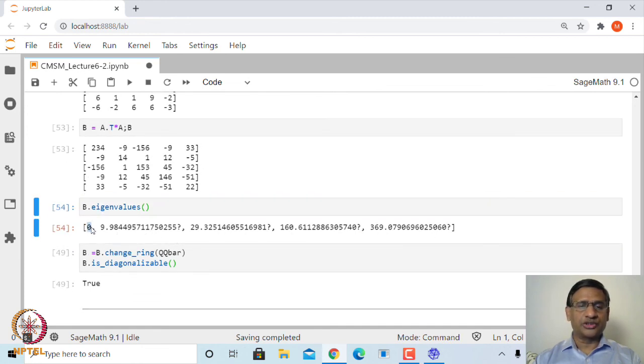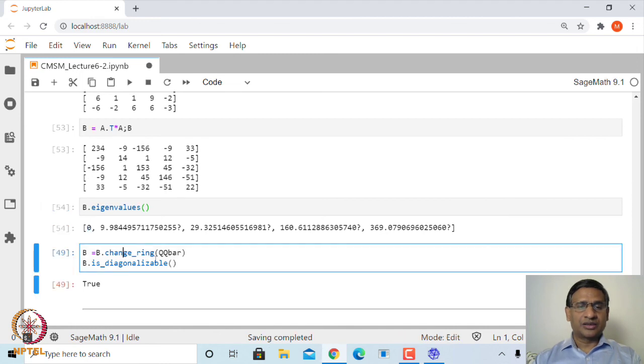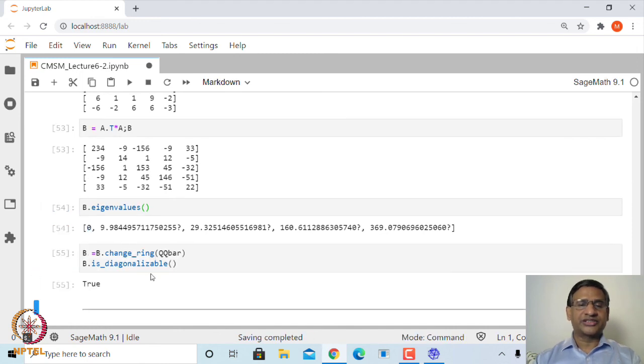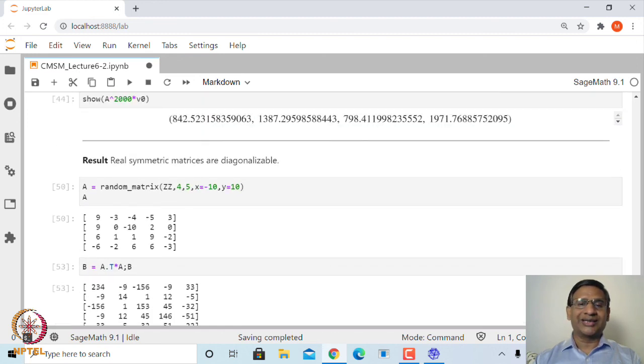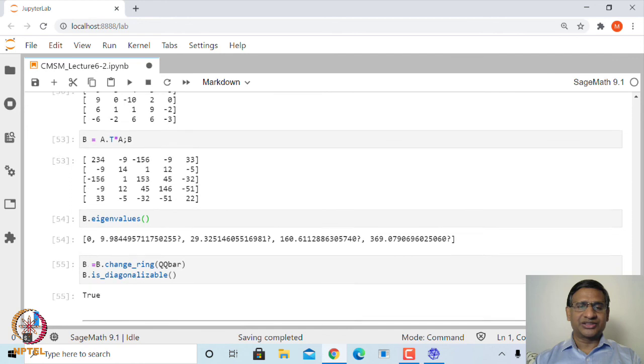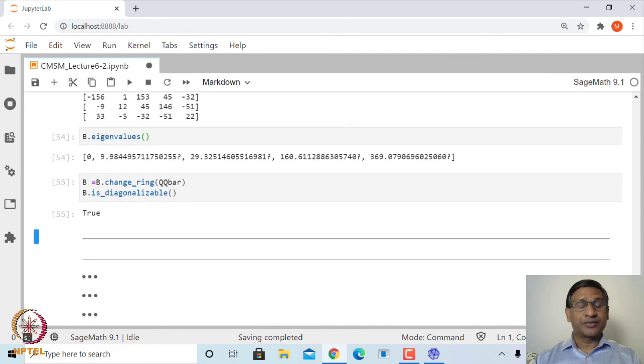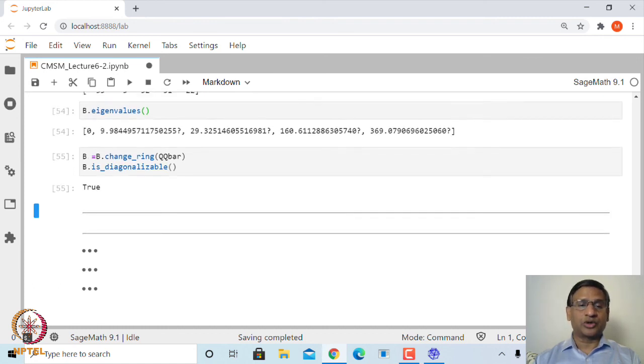This one eigenvalue is 0, and you can check whether this matrix is diagonalizable or not. So, this is diagonalizable. It is actually easy to show that any real symmetric matrix is diagonalizable, and not only that, you can define the matrix P which diagonalizes, and you can show that the columns of P will be orthogonal. The eigenvectors with respect to distinct eigenvalues of a symmetric matrix will be orthogonal.